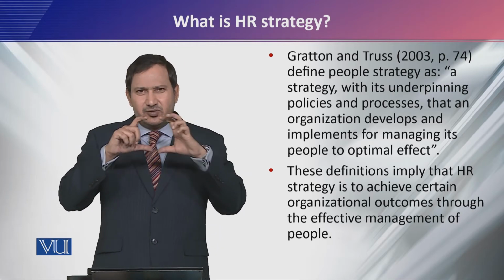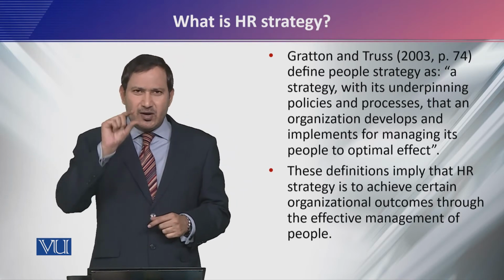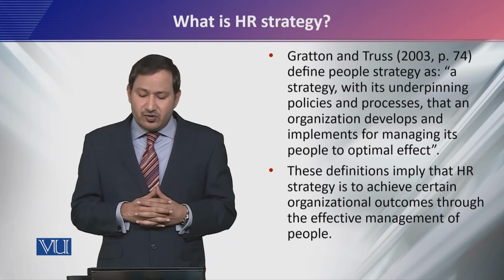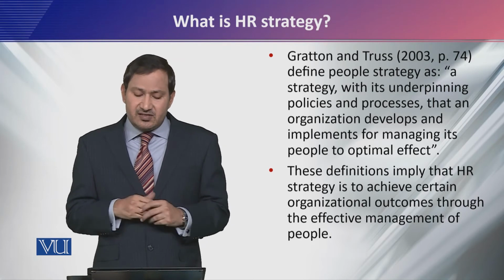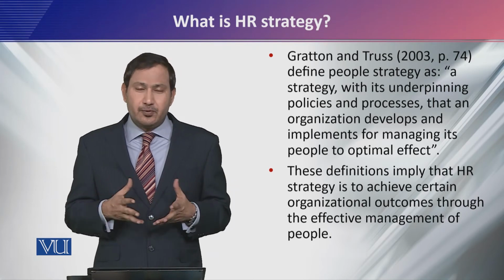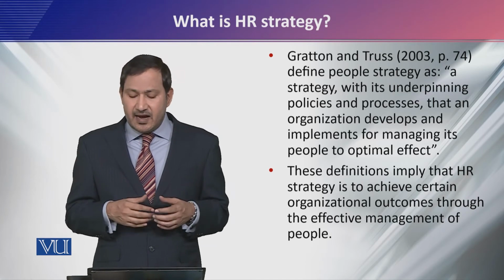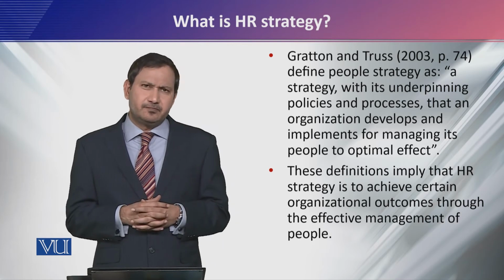This refers to the exact definition as somebody has offered, and you have to give the page number. So Gratton and Truss suggest a strategy with its underpinning policies and processes that an organization develops and implements for managing its people to optimal effect.